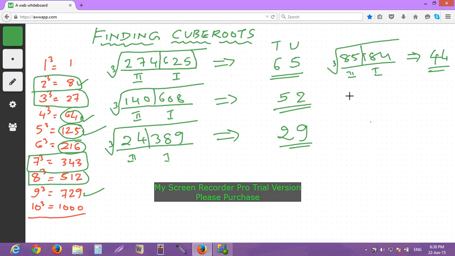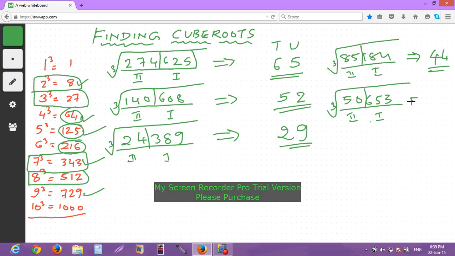We will have one more example, 50653. This is one more perfect cube. Split the number into two groups. The first group has got 653. Now 3 is in the units place. When there is 3 in the units place, there should be 7 in the units place of the cube root.